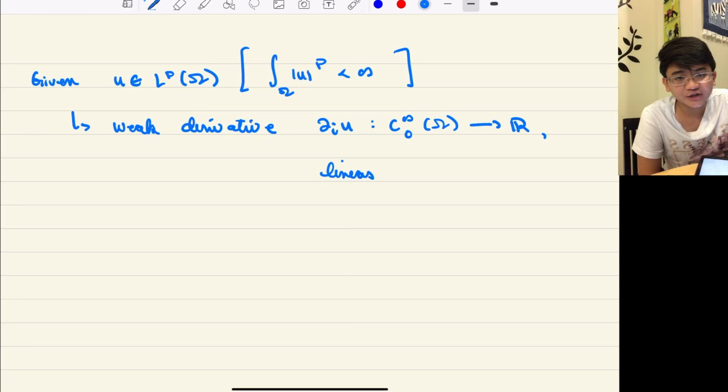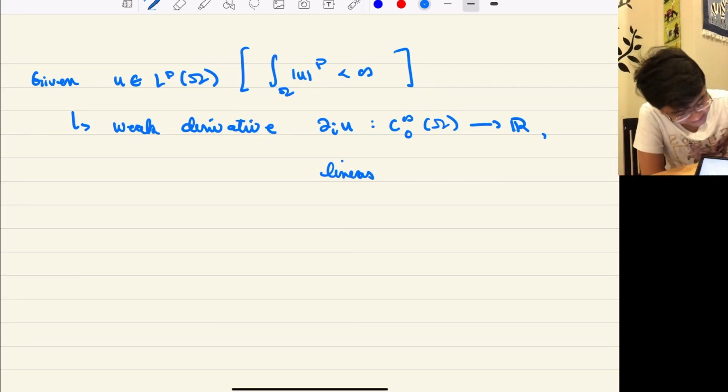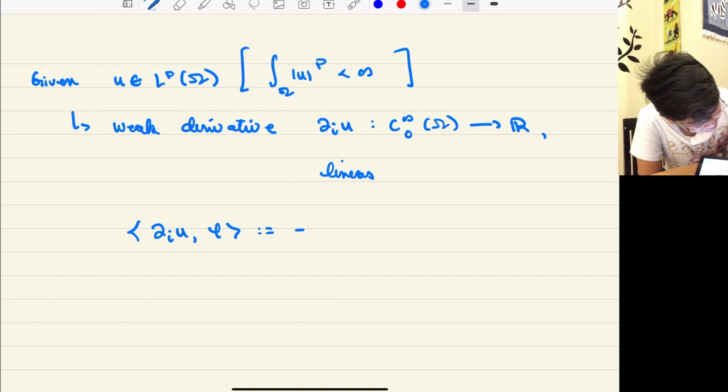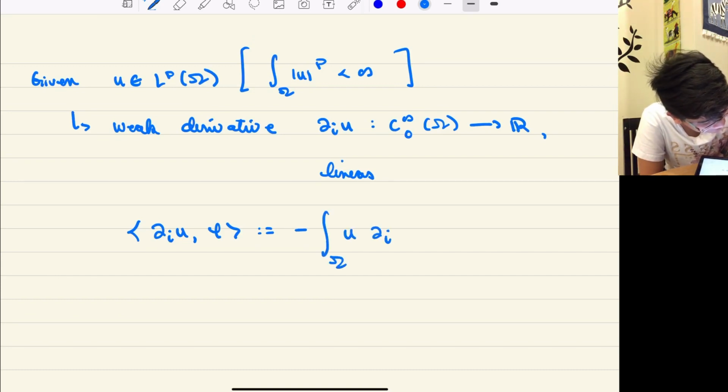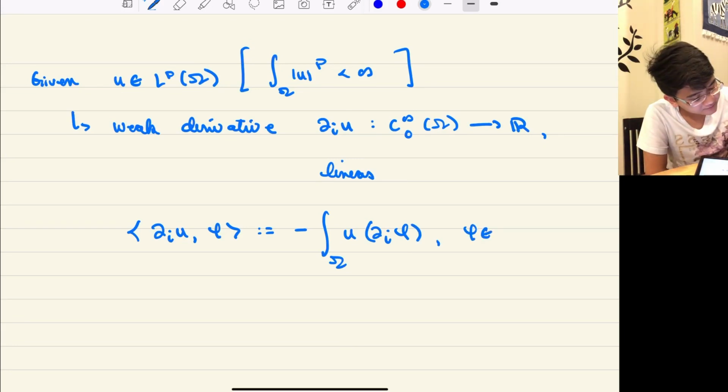Its action on some C infinity 0 function phi is defined as negative integral over omega of u partial i of phi, for phi in C infinity 0 of omega.